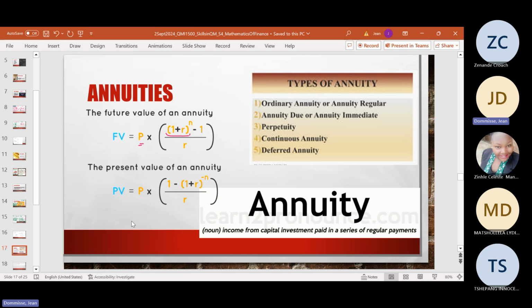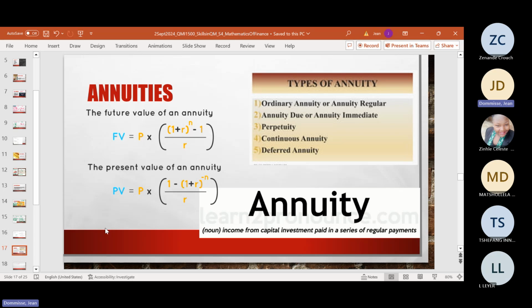Then I think the other thing that is important is, and it's also in your study guide, they give us the formulas that we can work with. So again, you can decide which one is best for you.